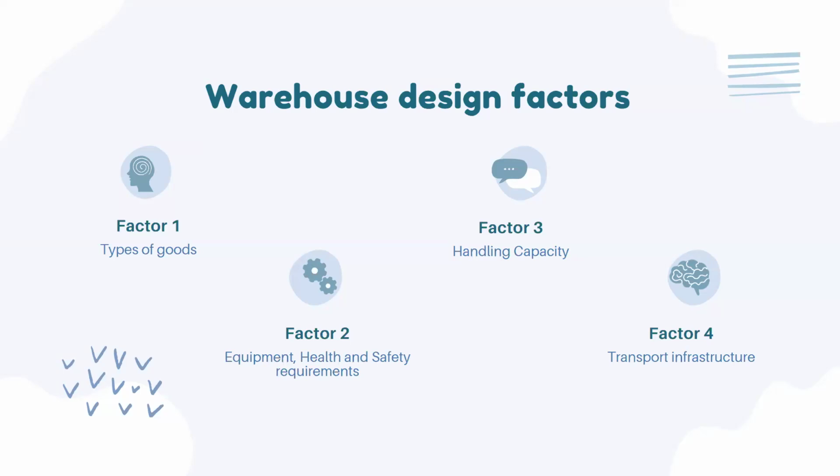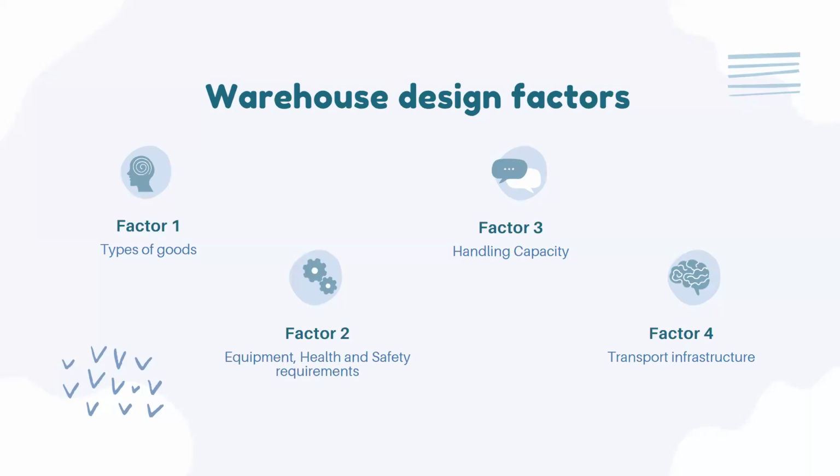So to balance between the storage and the capacity, you need to design it in a smart way. We also need to consider other factors like the equipment used in the warehouse and health and safety requirements.